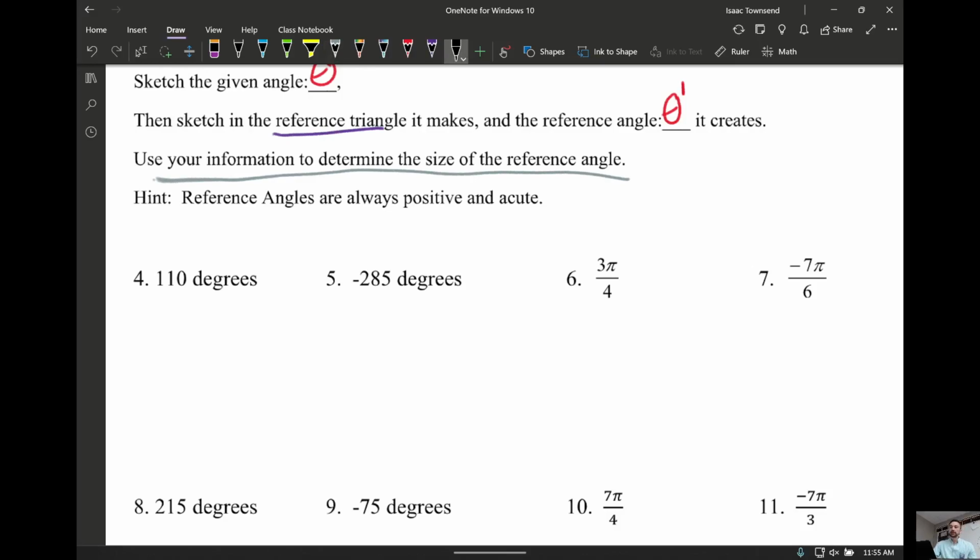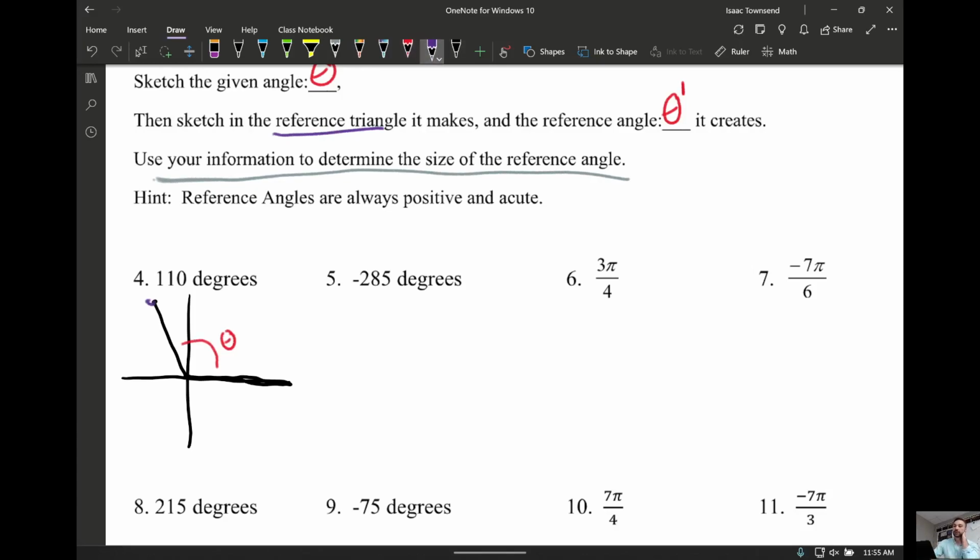So to know how big this guy's reference angle is, I need to sketch it. It doesn't have to be very accurate, but it has to be accurate enough that it's in the right quadrant. If you sketch this in quadrant 1 or 3, it's not going to work out. This is what we would call theta, the original angle.